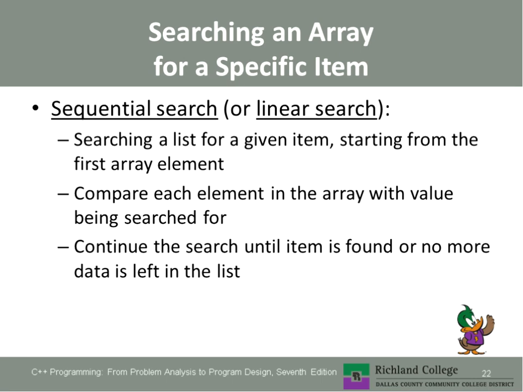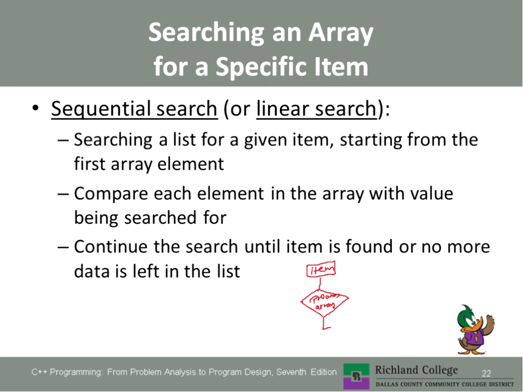Basically, you can also look at this from a flowchart point of view. You say, I need an item, and that's what I want to search for. What does that entail? Well, we need to process the array, each element. So how do we process an array? It's a for loop.